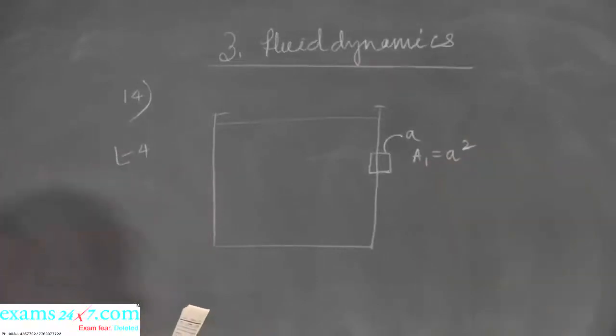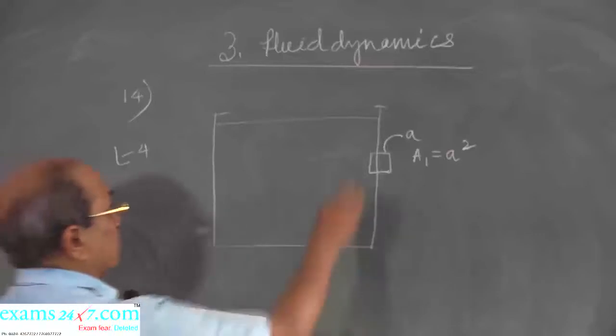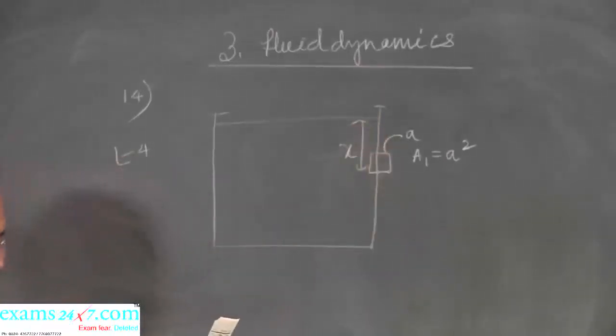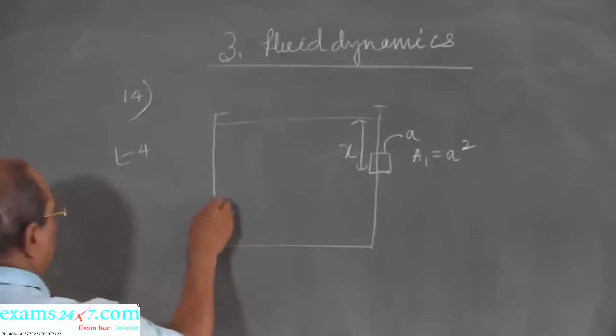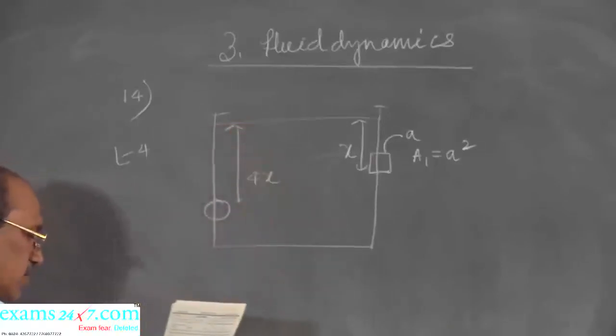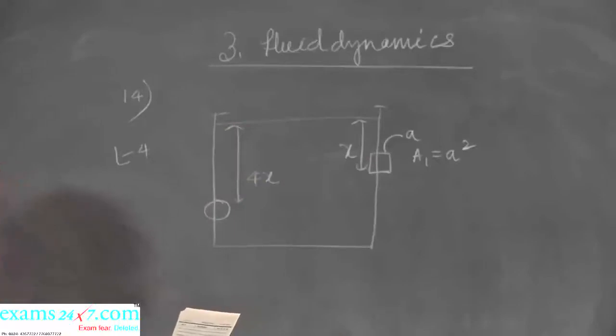A large open tank has 2 holes in the wall. One is a square hole of side A at a depth x from the top, and the other is a circular hole of radius r at a depth 4x from the top. When the tank is completely filled with water, the quantity of water flowing out per second from both holes is the same, then r is equal to.